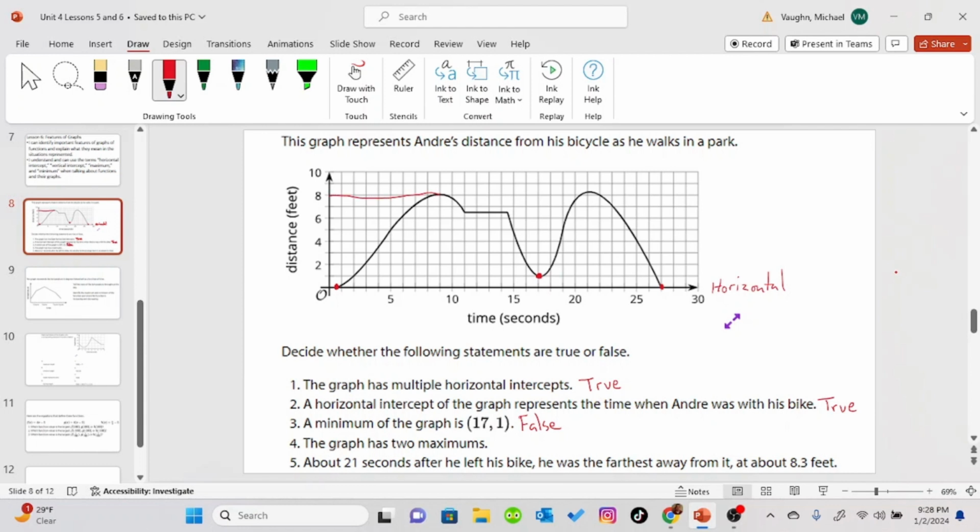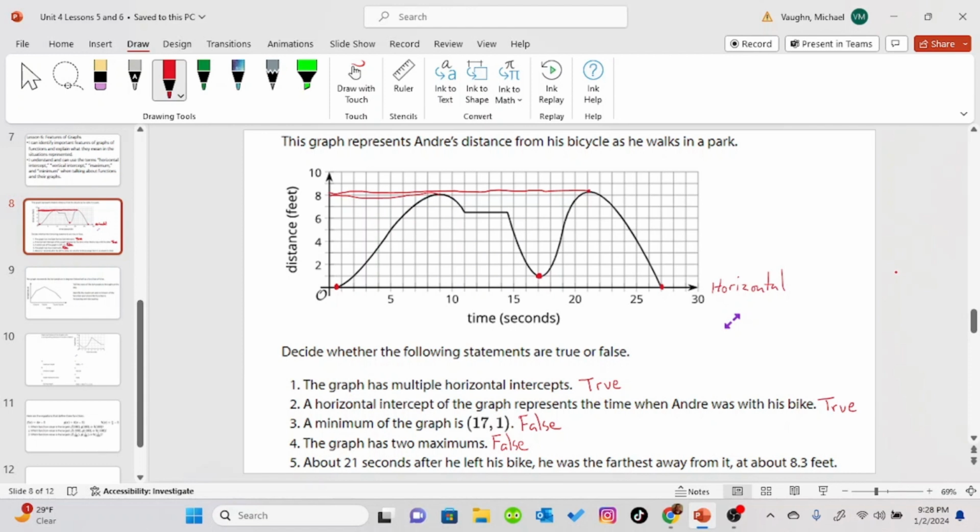But if you look at the second hill, you can actually see there is space between the top of this hill and the line that represents 8. So this hill is actually slightly higher and is actually the 1 maximum. So number 4 would also be false.